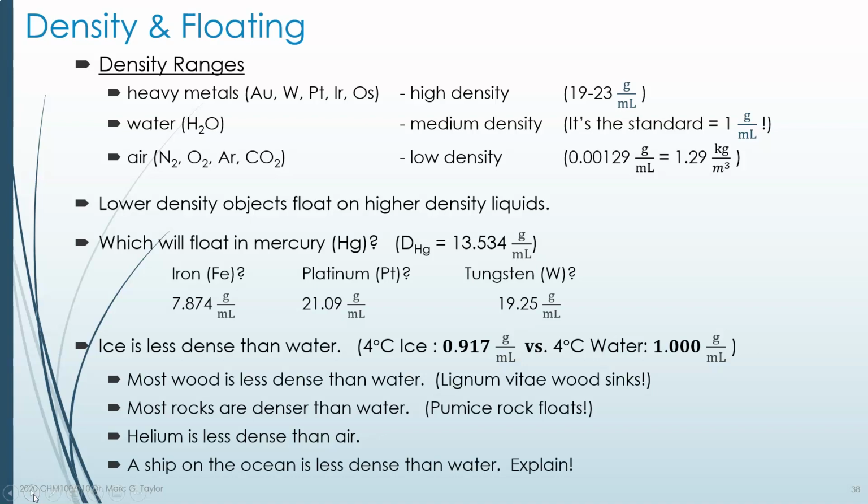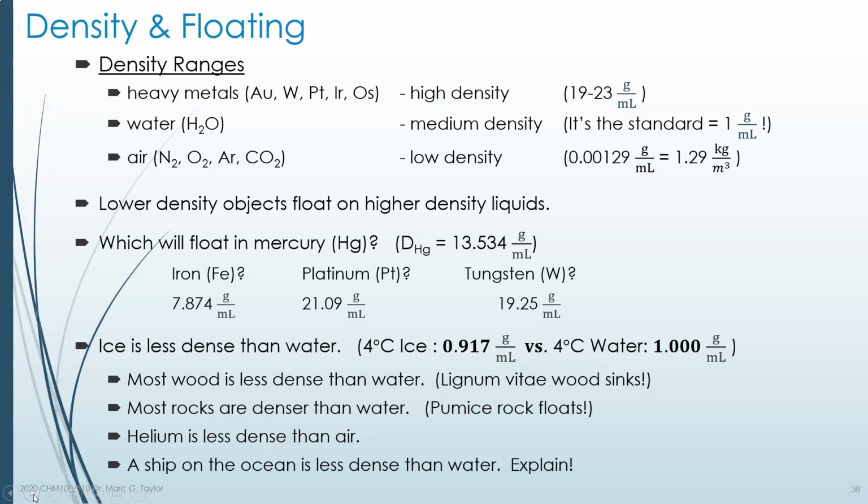A ship on the ocean is less dense than water. Now, this may not make sense. What's a ship made out of? Well, most ships are made out of solid steel or aluminum, which are metals which we know will sink in water. So why in the world would a ship, an ocean liner, an aircraft carrier, large ships that are filled with heavy metal in them, why would they be less dense than water? Well, remember, ships are not made of solid metal.